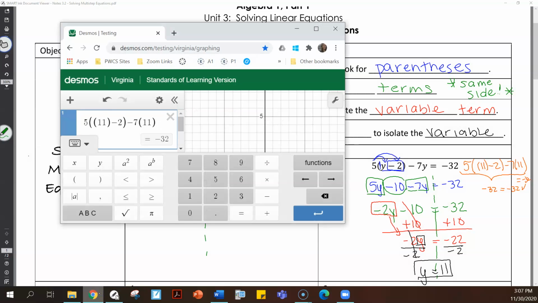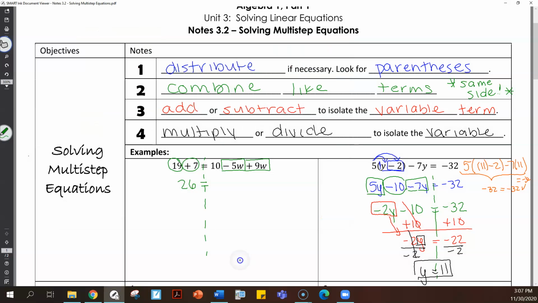Again, make sure you're using Desmos if you're unsure about your calculations. Negative 5 plus 9 gives me 4. So 4w. And then again, I have a 10 here, but there are no other regular numbers on that side of the equal sign. While I have regular numbers over here, they're not on the same side, so I cannot combine those. I'm just going to bring down my plus 10.